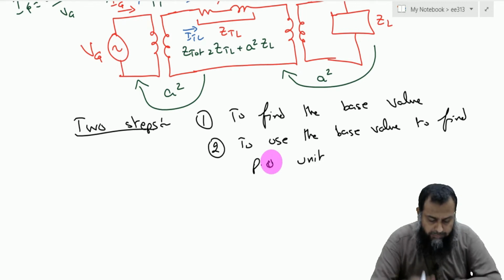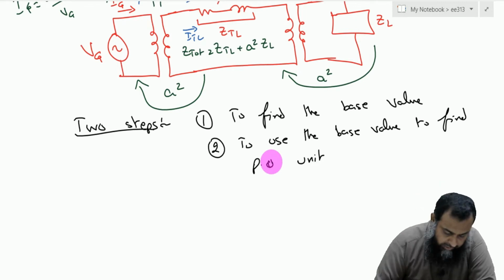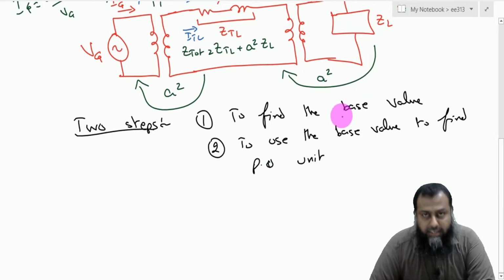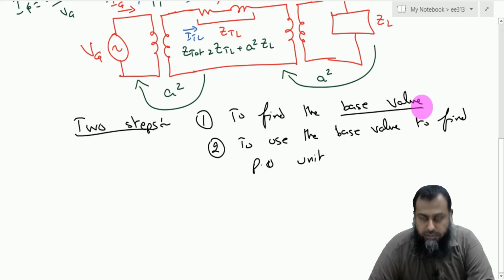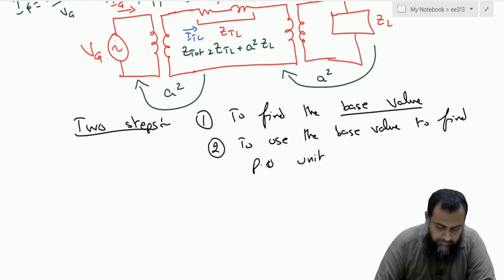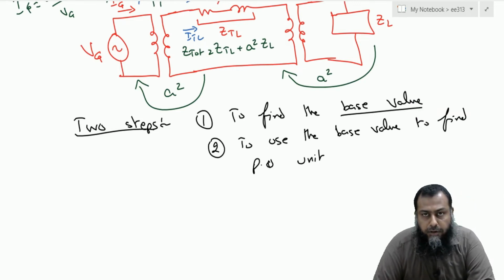So in a given power system, the first question is what are the choices in selecting the base value for a given per unit system. Usually there are some practices adopted by practicing engineers.